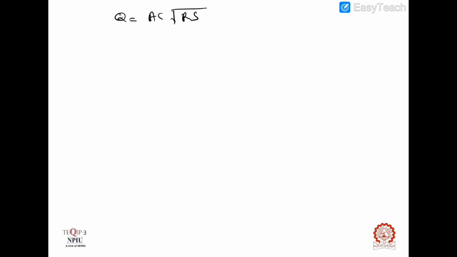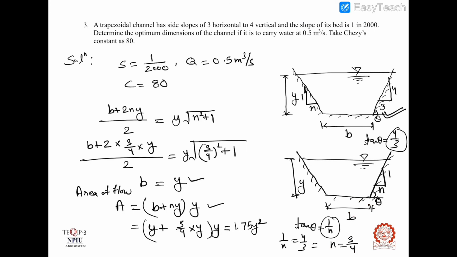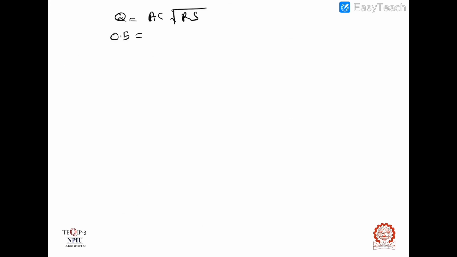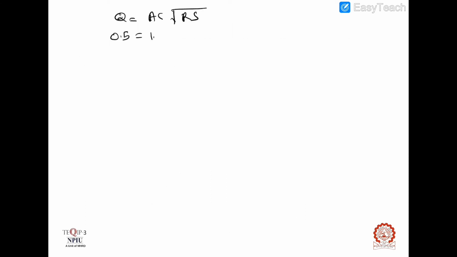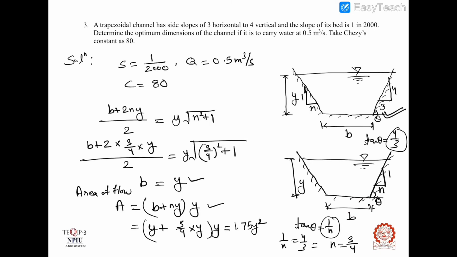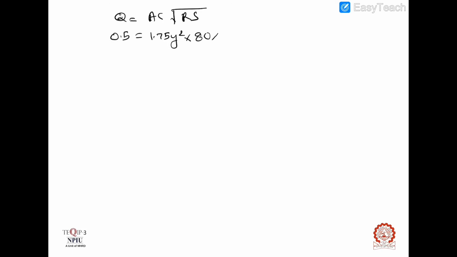Discharge is 0.5 meter cube per second. Area of flow is 1.75 Y square. Chezy's constant is 80. Hydraulic mean depth for most economical condition is Y by 2.